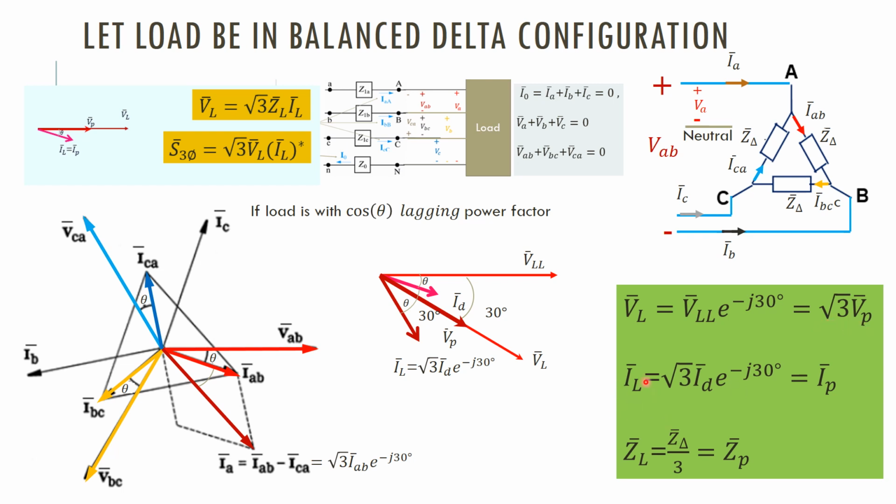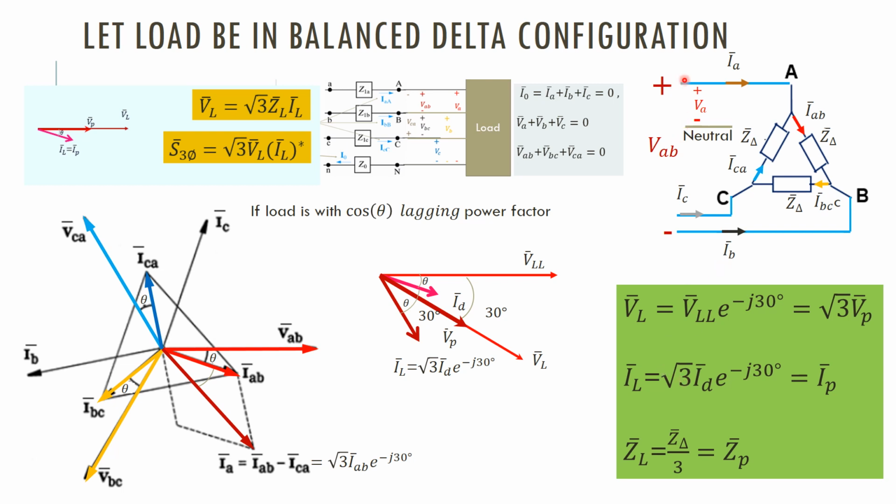Then here IL is equal to root 3 into ID e to the power minus j30. Actually, this is the phase current in the line, right? The phase current in the load is ID, and the phase current in the line is IP, right?